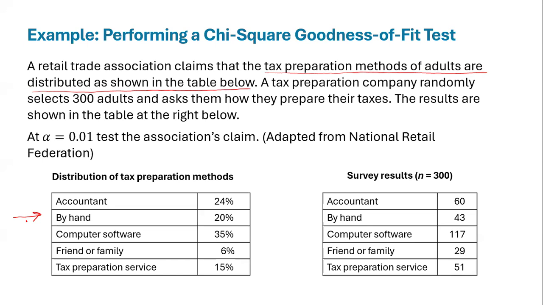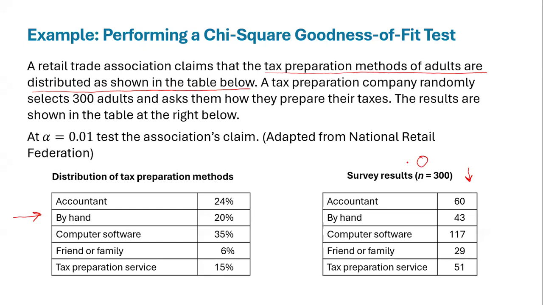A tax preparation company randomly selects 300 adults and asks them how they prepare their taxes. And the results are shown in this table. That's a result from the sample, which is my observed frequency. If alpha is 1%, test the association's claim.